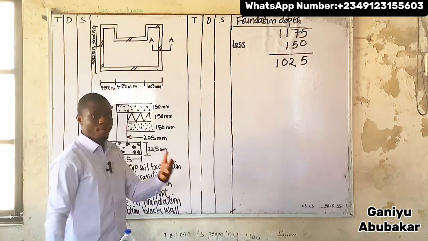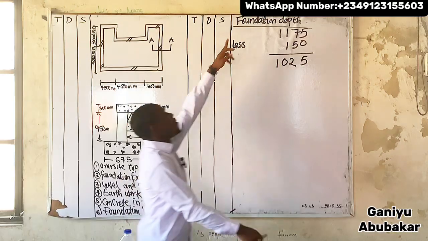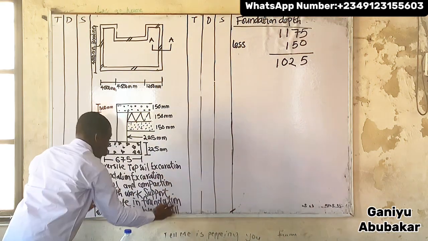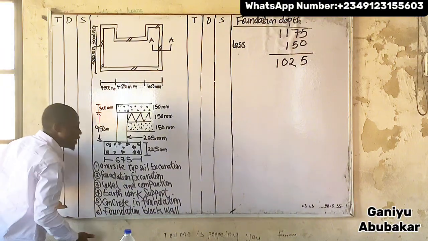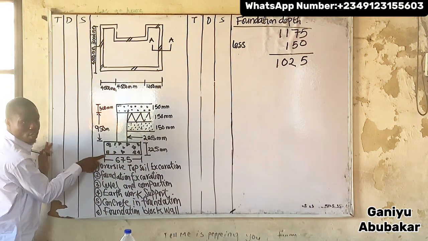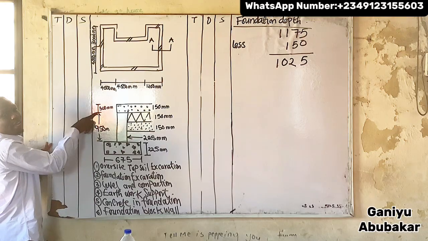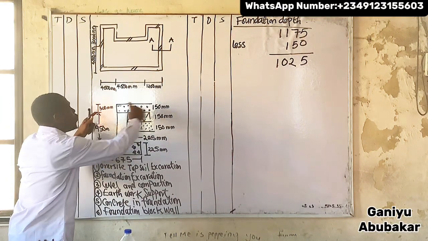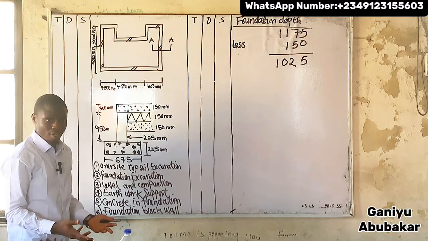Yes. Now look up. For foundation depth, it's as easy as saying go back to your foundation structure. The depth is measured from the bottom of the foundation, which is here, to this part here. I didn't add this part to it. Why? Because this is just a floor finishing.